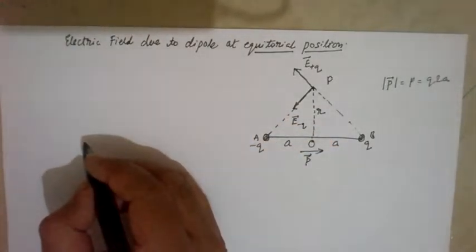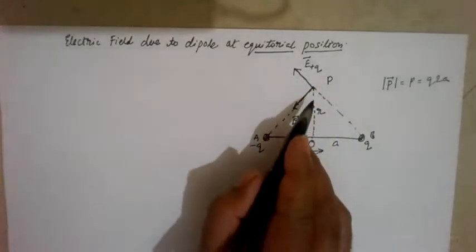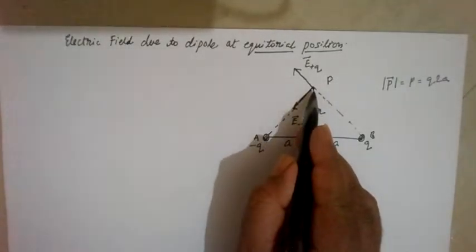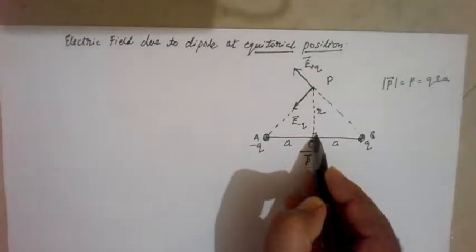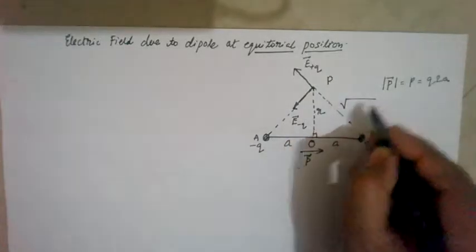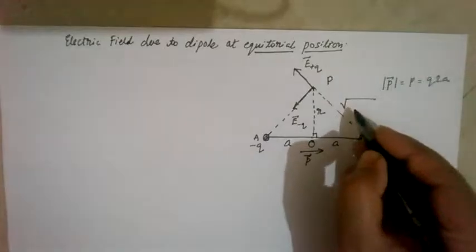Now what is the magnitude of the electric field due to plus q charge and minus q charge? So I need the distances BP and AP. In this triangle POB, which is a right angle triangle, PB is the hypotenuse, so the distance PB is root of r square plus a square.